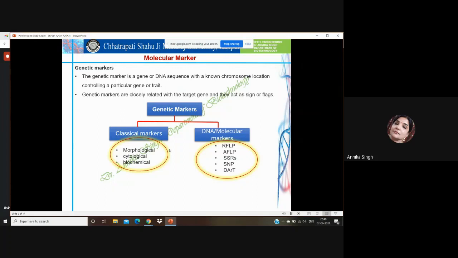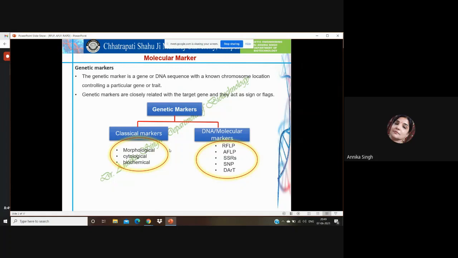These are important traits, and they are easy to use with no requirement for a specific instrument. They are only observed or visualized on the basis of their differential property.